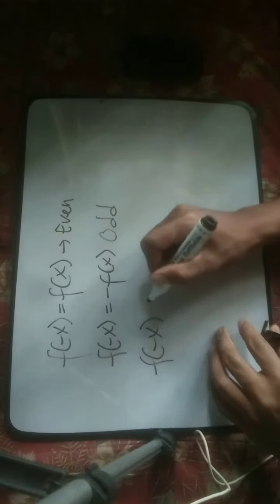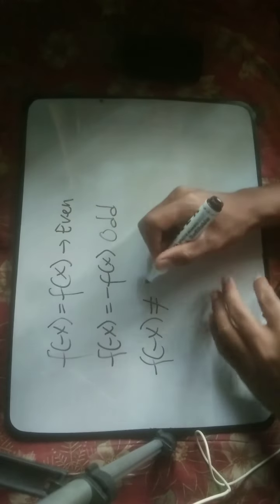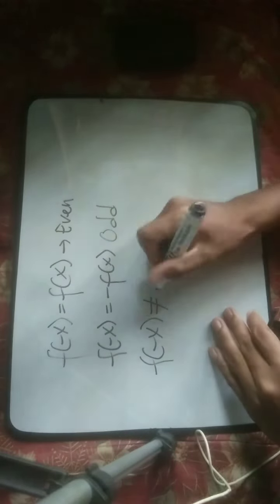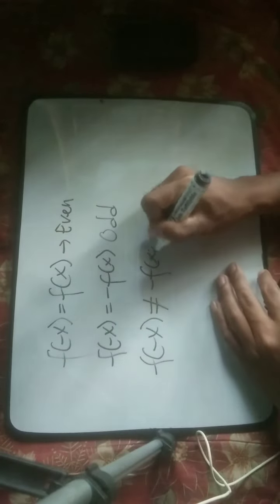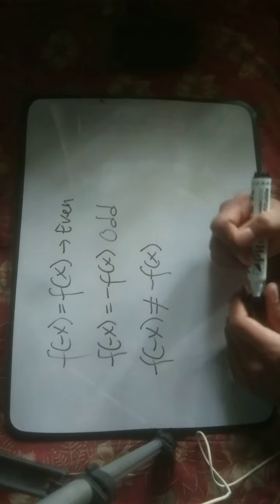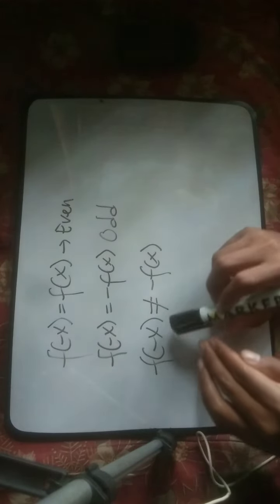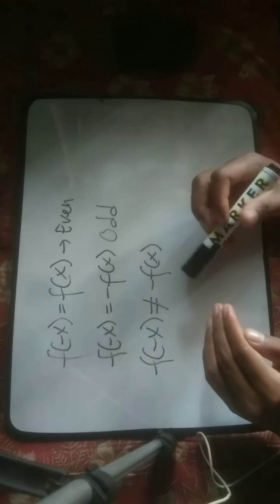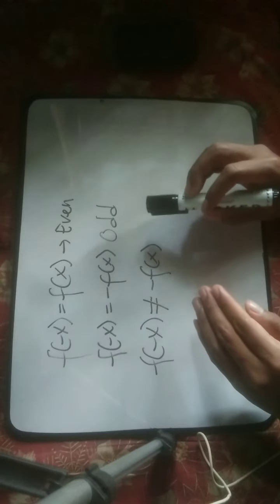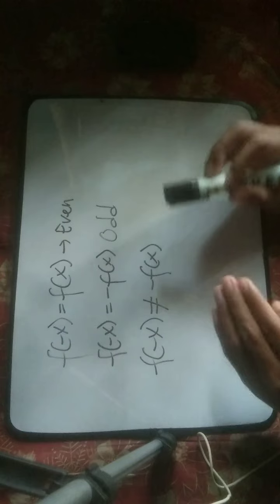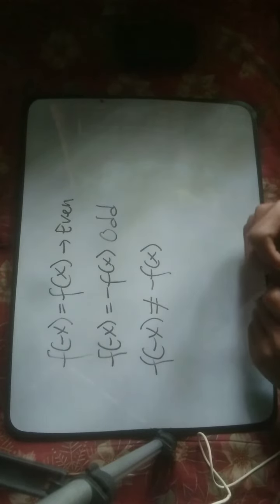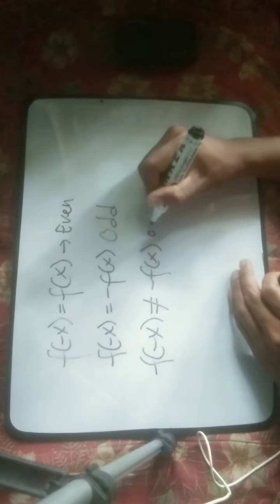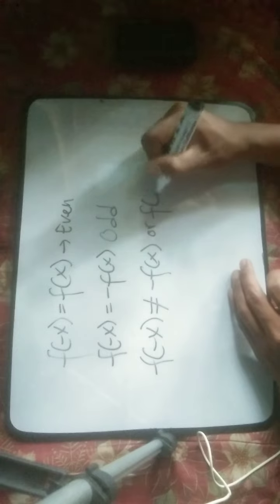If f of negative x is not equal to negative f of x, this means that if we replace x in the function, the only thing that changes is only one term, or the rest of the function did not change sign, and it is not odd, or it is not f of x.